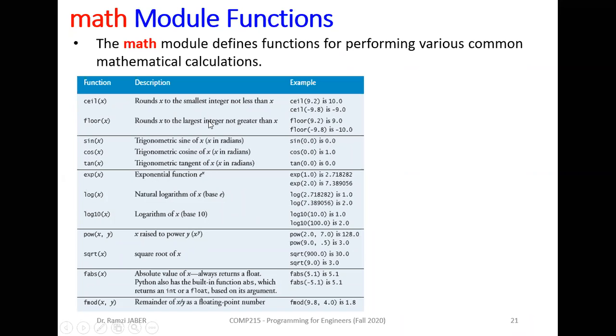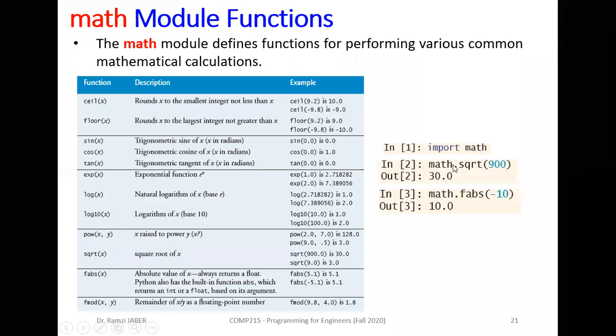Floor, meaning the ground, will give us 9 for 9.2 or 9.9. Sine, cosine, tangent, exponential, log 10, pow. Here the pow is similar to the built-in function pow, square root, f absolute, float absolute value, or float modulus, floating point.